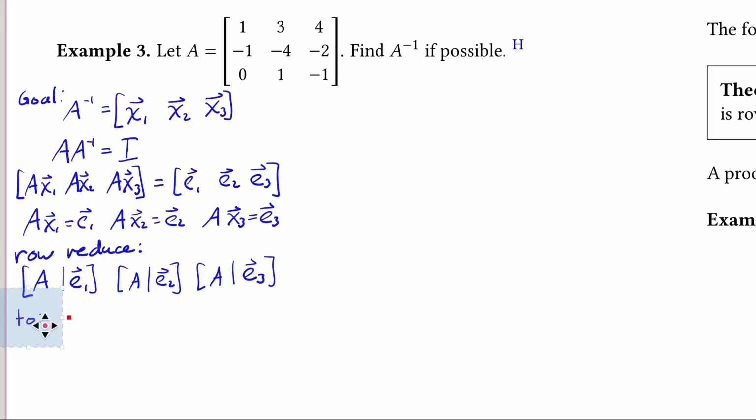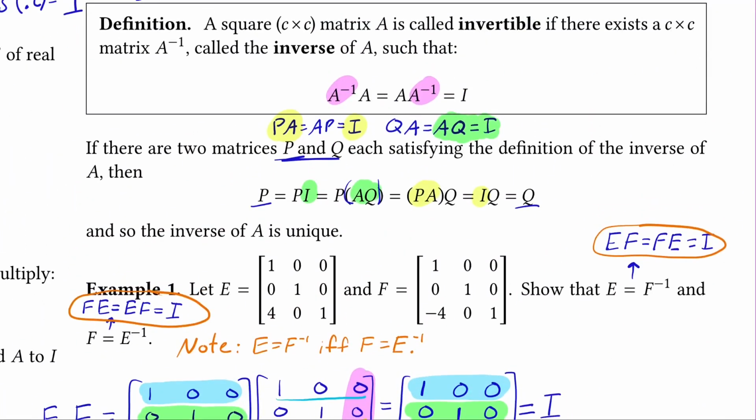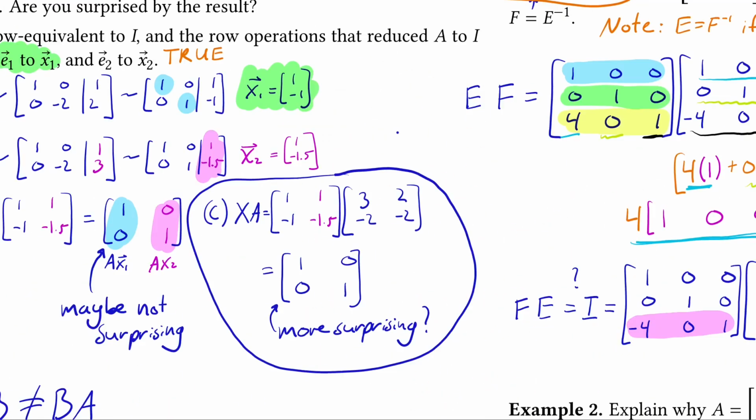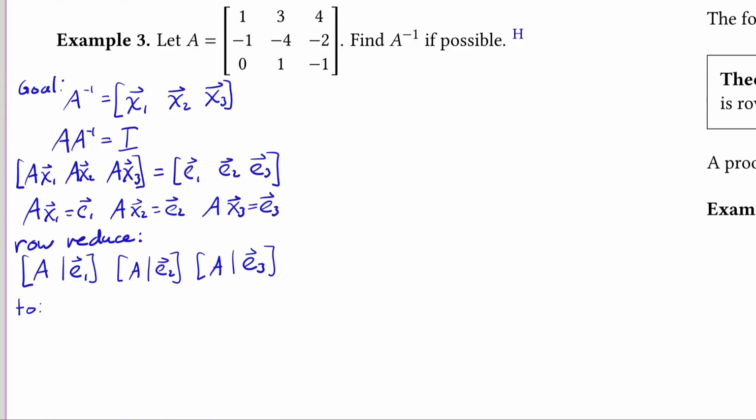to, well, what's the goal when you're trying to find the solution of something like this? And by the way, we know each one of these must have a unique solution because we showed before that the inverse of A is unique. So if A is invertible, if A inverse exists, there's a unique x1, x2, and x3 here.